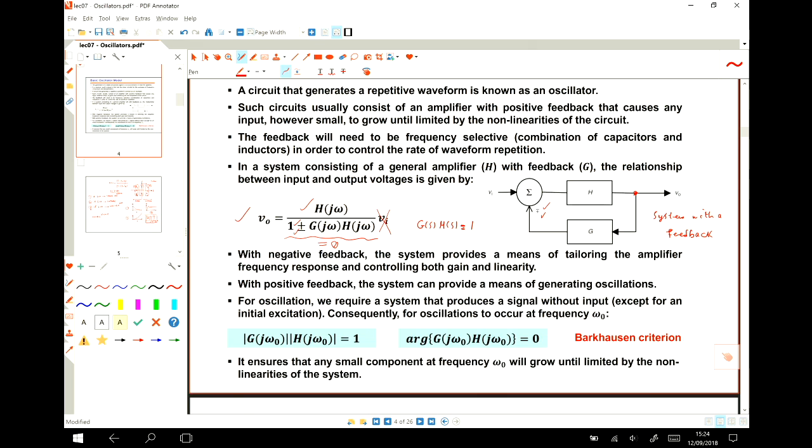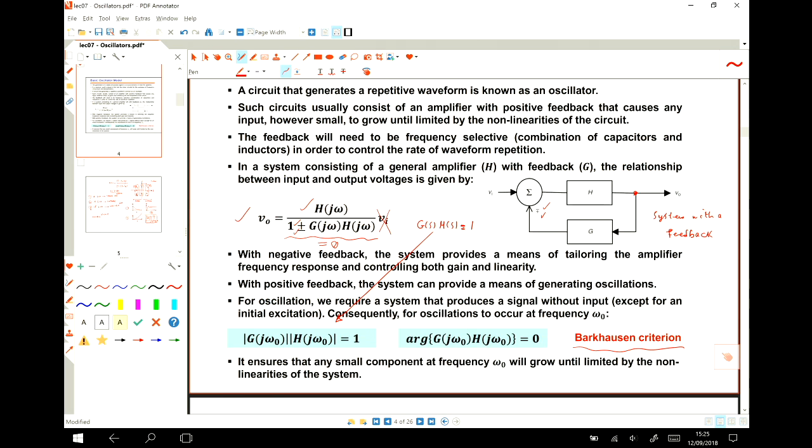It means that the amplitude of G of S multiplied by the amplitude of H of S should be 1, and then the argument of these two should be 0. And we say that this is the criterion that we call the Barkhausen criterion. In the different types of oscillators that we are going to cover, we always calculate to reach this condition.